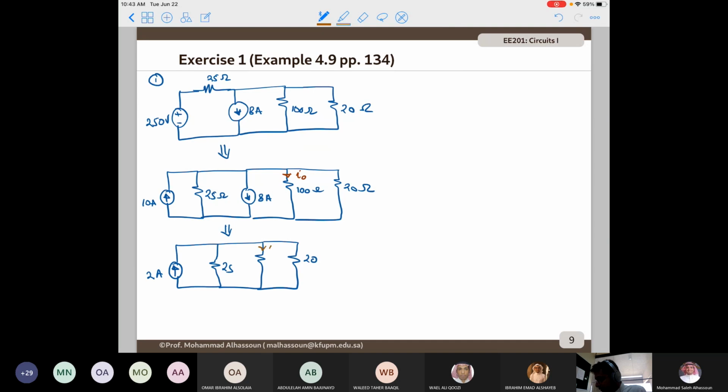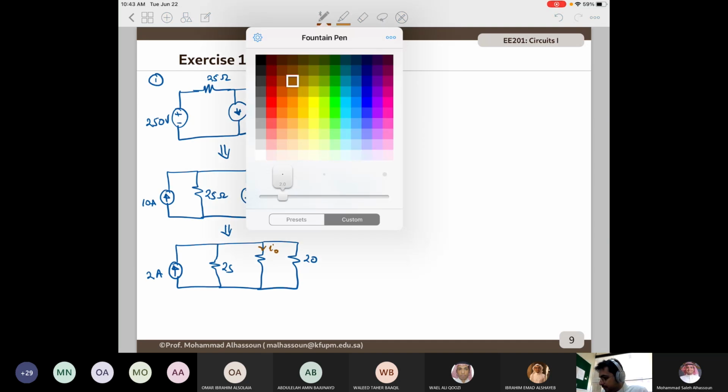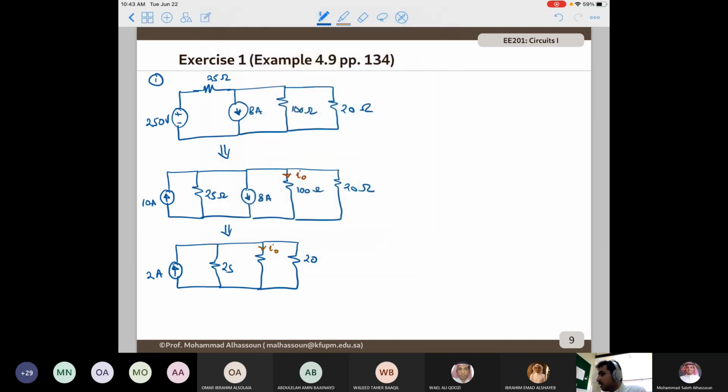R equivalent. So the current divider here is going to be R equivalent divided by 100 ohms multiplied by 2. And the equivalent resistance is 10 divided by 100 multiplied by 2. And this is going to give me 0.2 amperes.